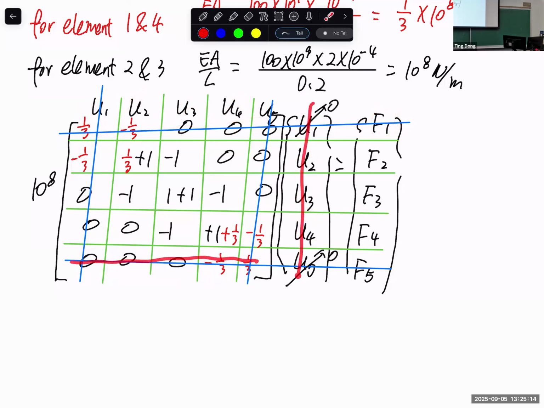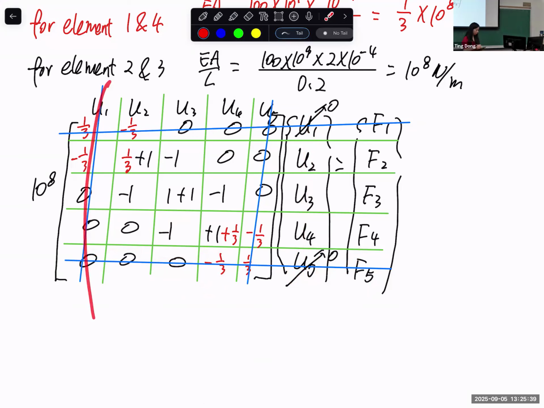Same thing here: this one times this one equals F5. K is given, and if you want to calculate this, F5 should be given. But F5, again, is a reaction force and is unknown. So that's why we delete the first and the 5th row, because F1 and F5 are unknown information.